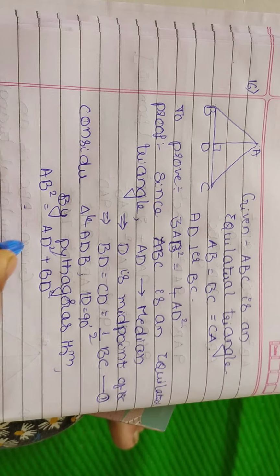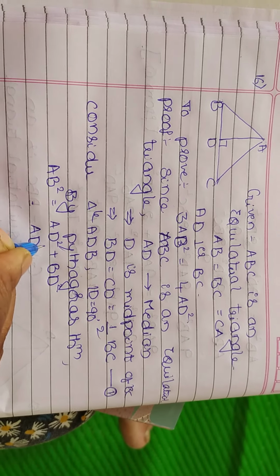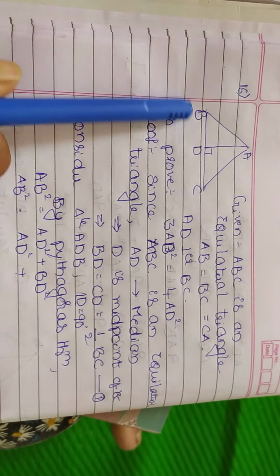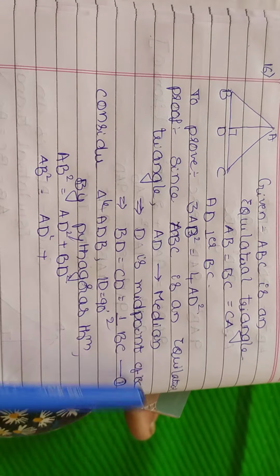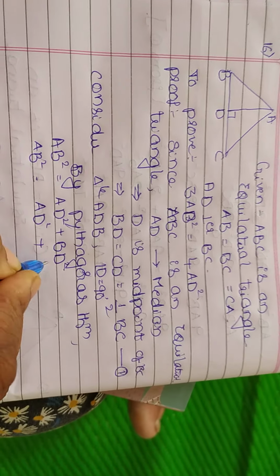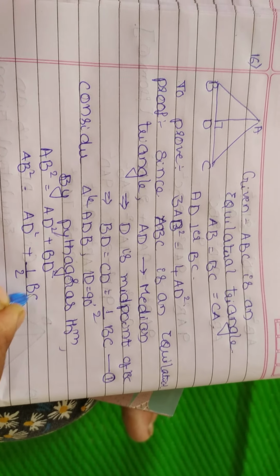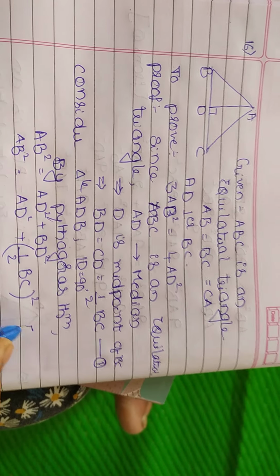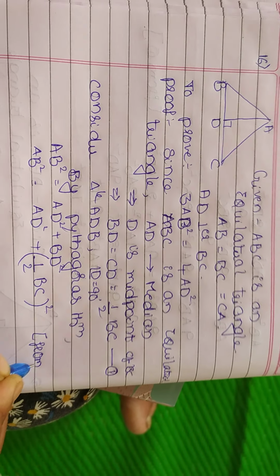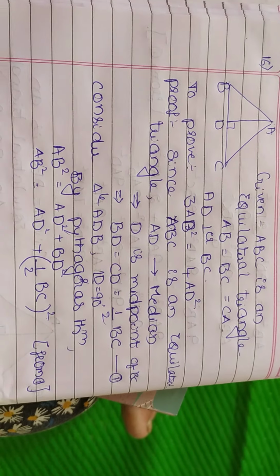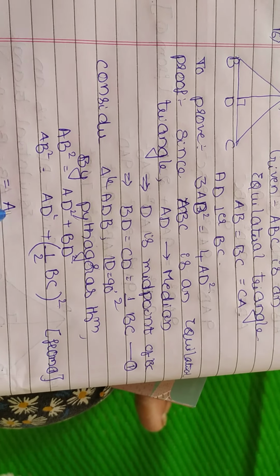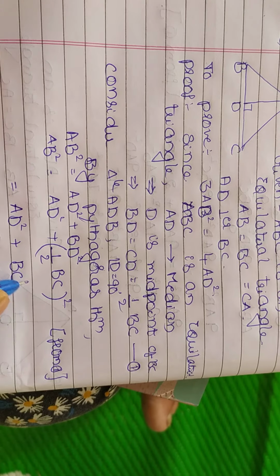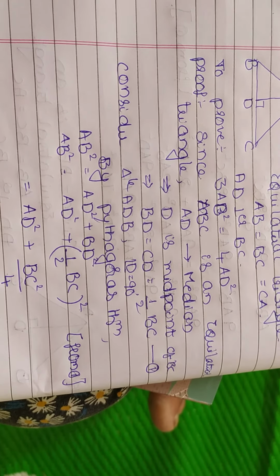Now, AB square equals AD square plus BD square, and BD can be written as half of BC. So from equation 1, that is half of BC, the whole square is there, so I am writing the square. This is from 1. So this can be written as AD square plus, if I square it, I will get BC square by 2 square, which is 4.